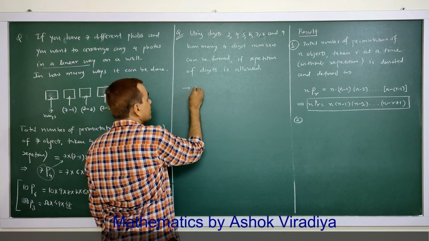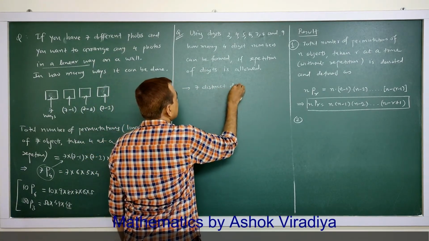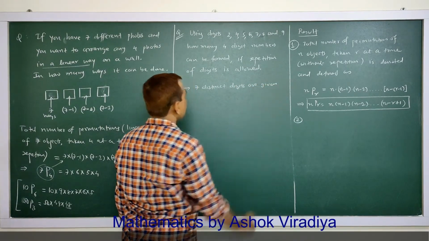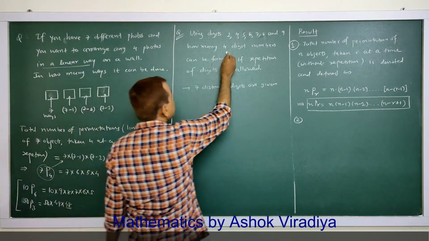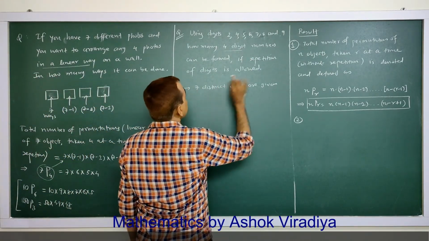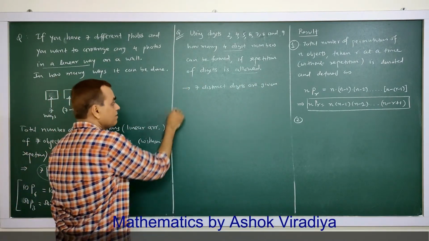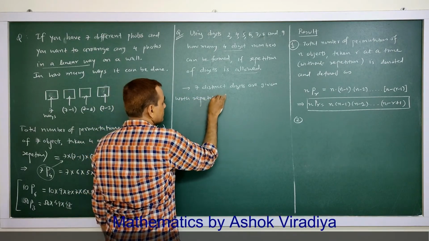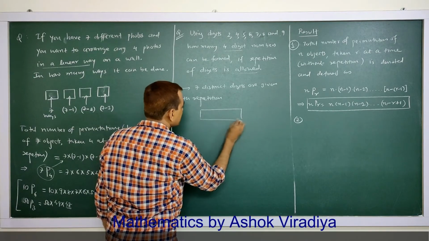7 digits are given. 7 distinct digits are given. We want a 4-digit number if repetition is allowed. With repetition, 4-digit numbers.